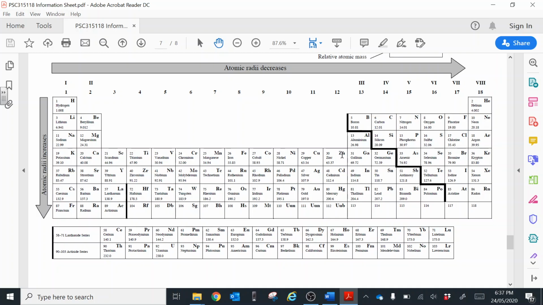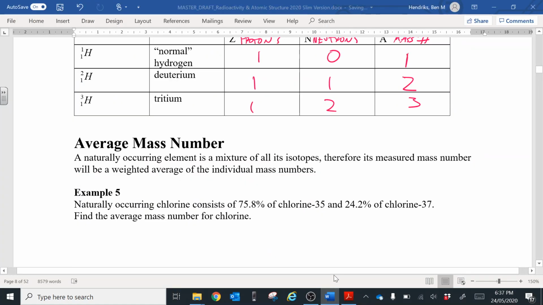Well, at least at this level, we can't do that. So we're considering neutrons, protons, and electrons as indivisible at this stage. So the way they get the decimal places in here is because the different isotopes occur naturally at different percentages.